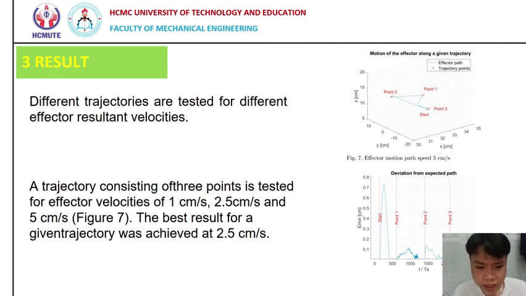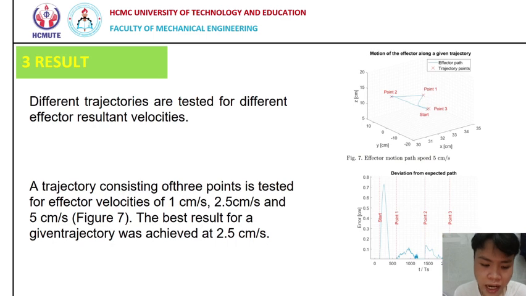After testing, the best result for the given trajectory was achieved at 2.5 centimeters per second. Errors at the start are larger at low speed and smaller for higher speed. In contrast, the segment between the start and point 1 was mainly vertical, so the adjustment on this segment is more accurate for a lower effector velocity.